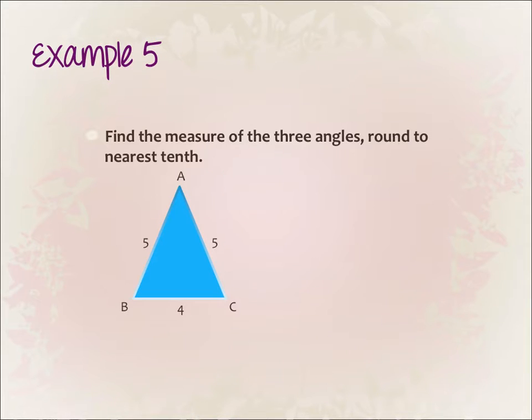Okay, now, remember when we're doing trig functions, what kind of triangle do we need? A right one. I need to draw in an altitude to create two right triangles here. So I'm going to draw in an altitude straight down.